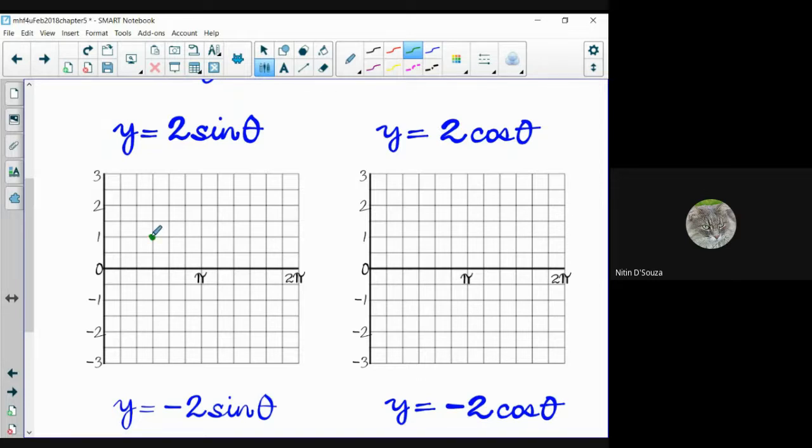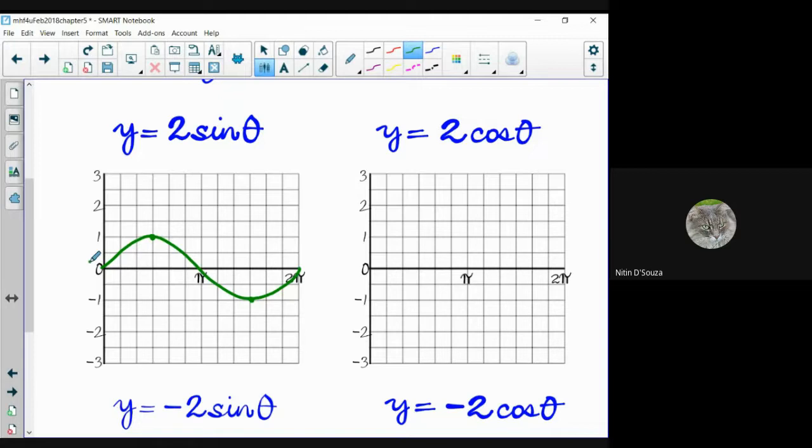My min will be there. And my graph should look like that. That's just sine theta. 0 to 1 to 0 to -1 to 0.